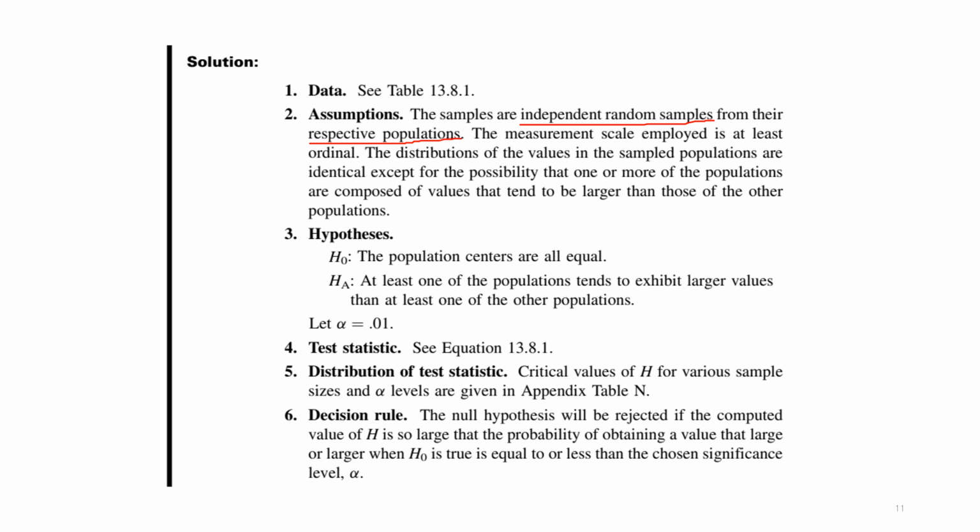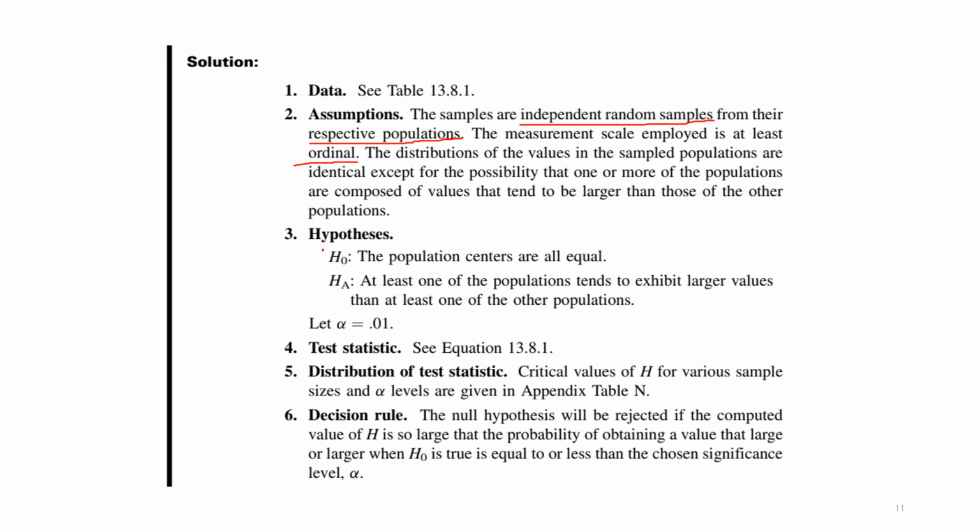The measurement scale employed is at least ordinal, rank. If they are measured in numeric data, then it should be transformed into ordinal. The distribution of the values in the sampled populations is identical except for the possibility that one or more of the populations are composed of values that tend to be larger than those of the other populations.